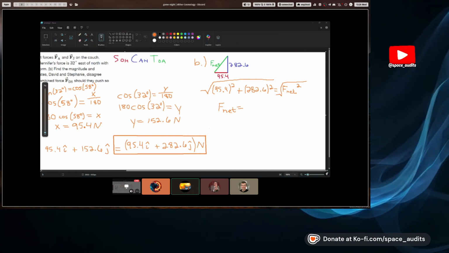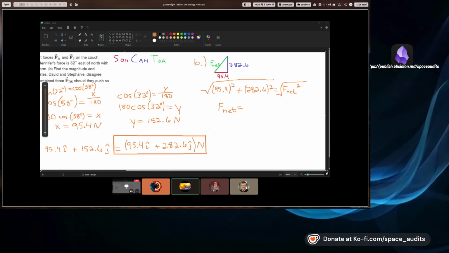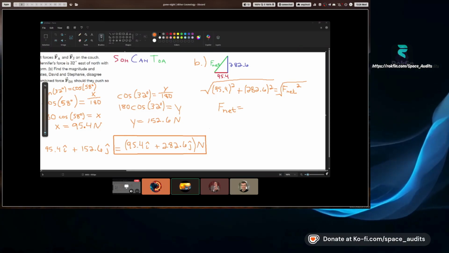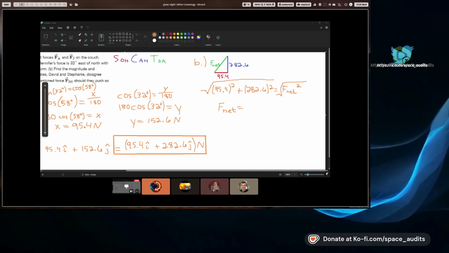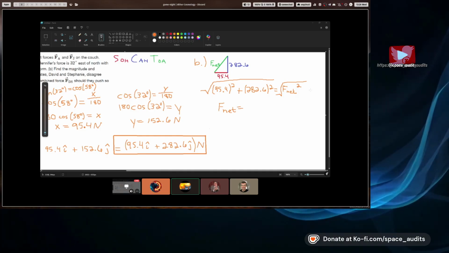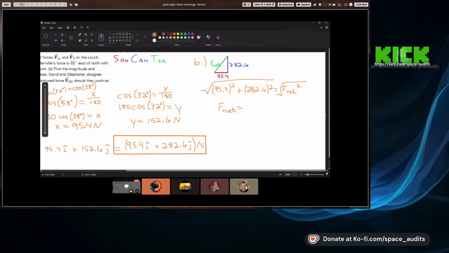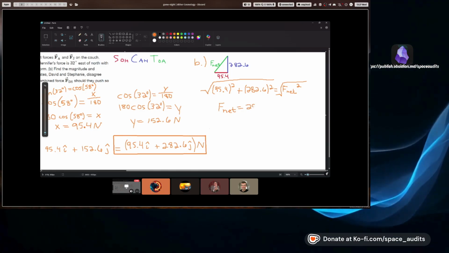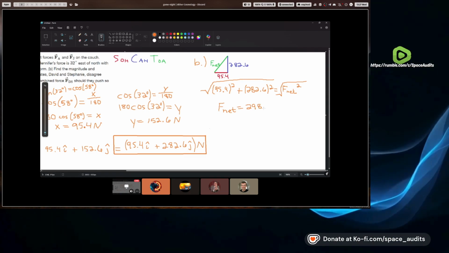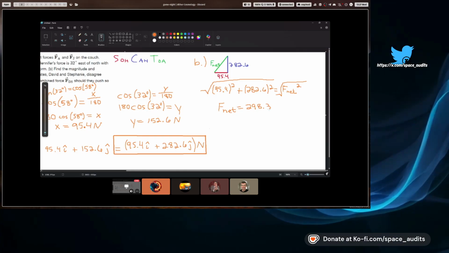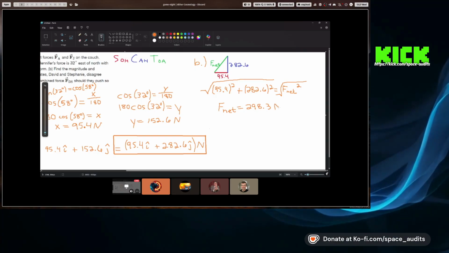Square root of 95.4 squared plus 282.6 squared. I've got 298.268, or 298.3 newtons. So that's the magnitude.